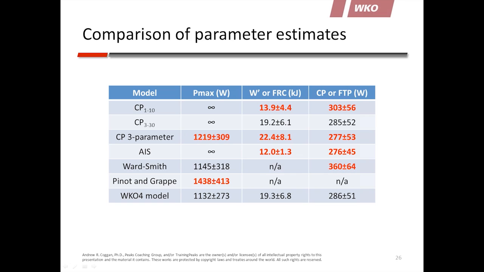So the critical power model, 3-parameter, gives you a higher estimate of your Pmax. The Pinot and Grappe's model also gives a much higher estimate, and only the Ward-Smith model gives a value that's comparable to the WKO4 model.